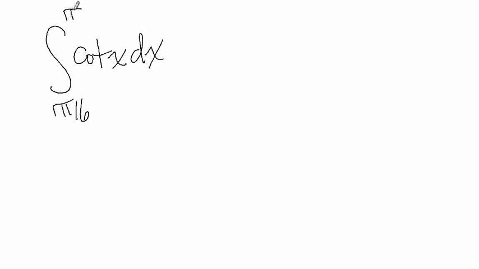Okay, so suppose we wanted to find the integral of the cotangent of x with respect to x, with limits of integration pi over 6 and pi over 2. The cotangent of x can be written in terms of cosine and sine, so let's do that.